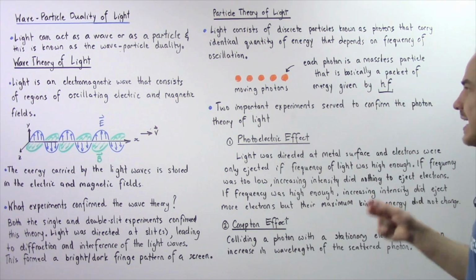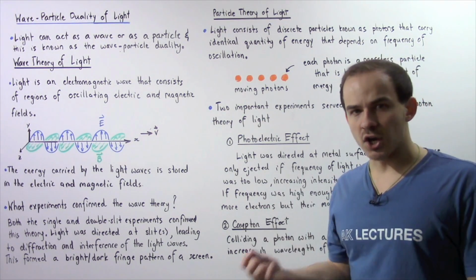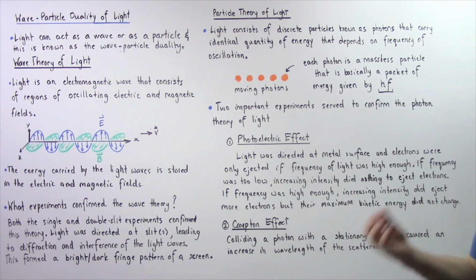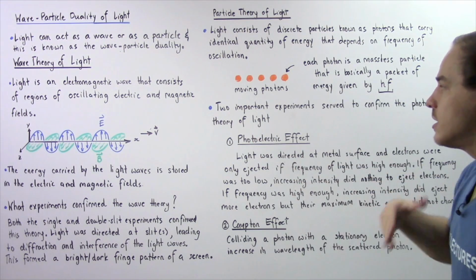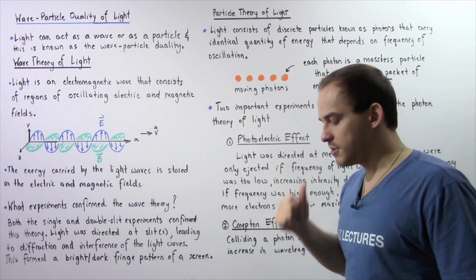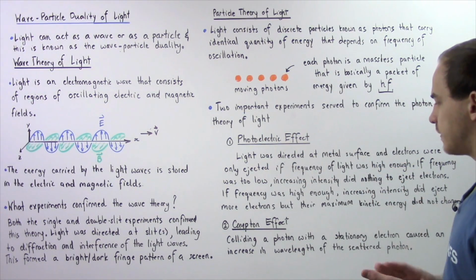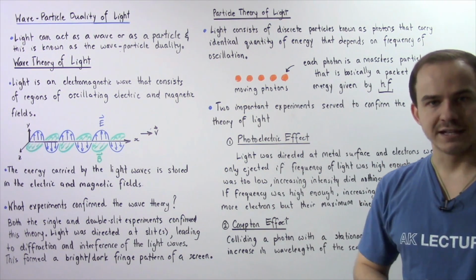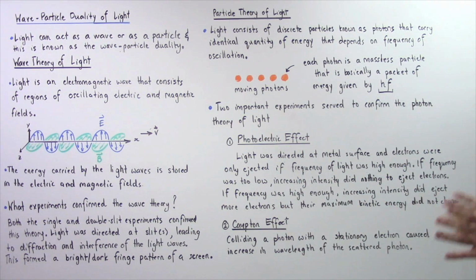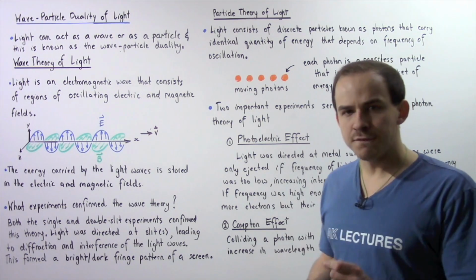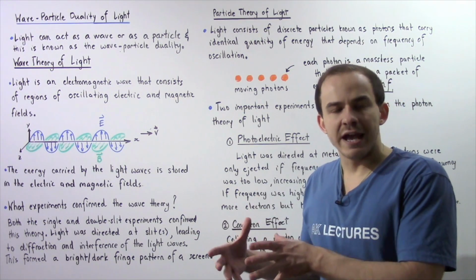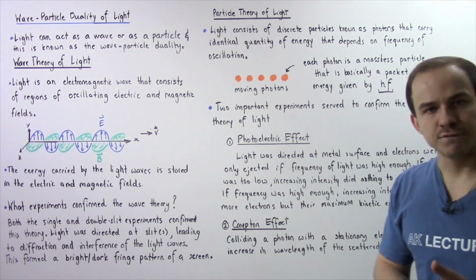Now, two important experiments basically served to confirm and validate the photon theory of light, the quantum theory of light. And these experiments were the photoelectric effect and the Compton effect. So, within the photoelectric experiment, light was essentially directed at a metal surface to eject the electrons found on that surface.